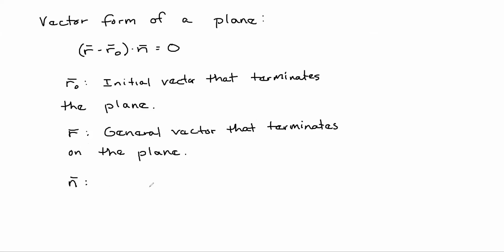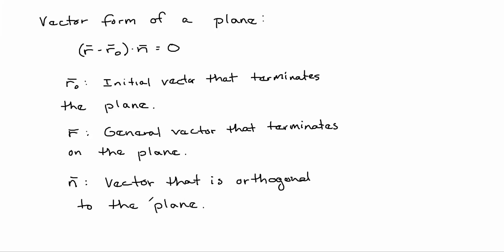So n is a vector that is orthogonal to the plane. So the n stands for normal, and so sometimes you'll hear the term normal, and it will be used interchangeably with orthogonal. So this is called the normal vector. We don't call it the orthogonal vector, we call it the normal vector.